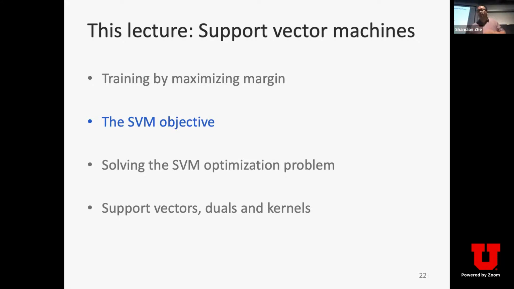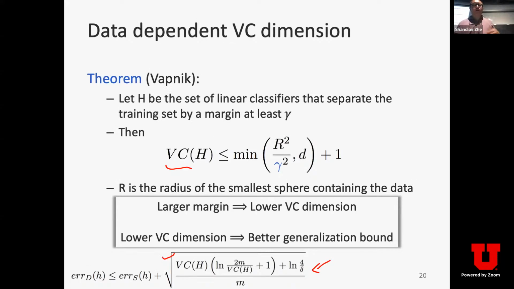Again, we're not required to know how this generalization error bound is proved. How this VC dimension is derived is not our job. It has already been done by mathematicians. We just need to understand the logic here, how we are motivated to find a linear classifier with the largest margin.